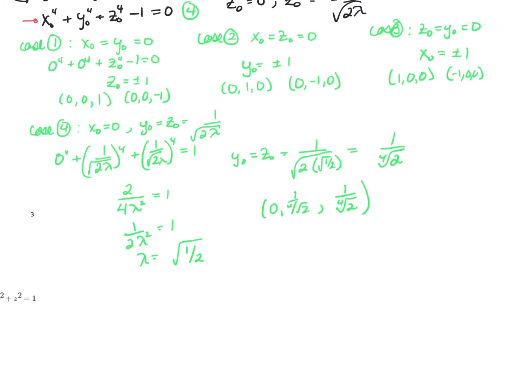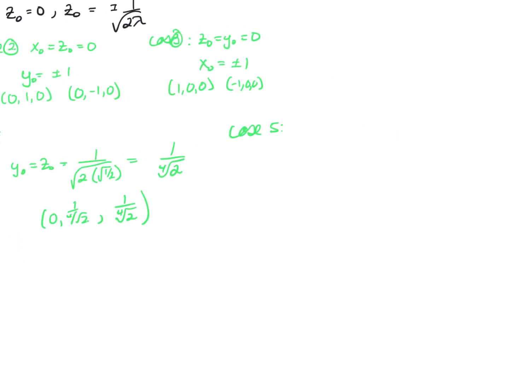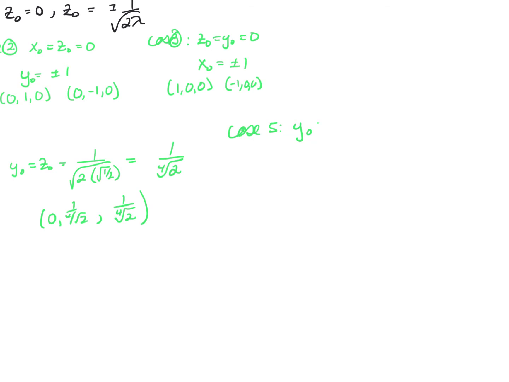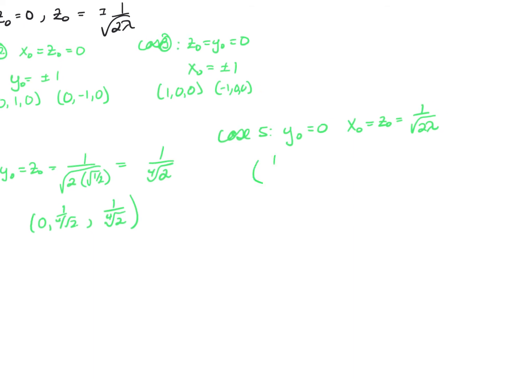Similarly, for case 5, I'm going to let x equal 0. I'm going to let y equal 0, and then I have the x naught is equal to the z naught, which is equal to 1 over the square root of 2 lambda. Again, it doesn't matter if it's plus or minus. And so I will end up with the same kind of thing where I've got 1 over the 4th root of 2, 0, and 1 over the 4th root of 2.